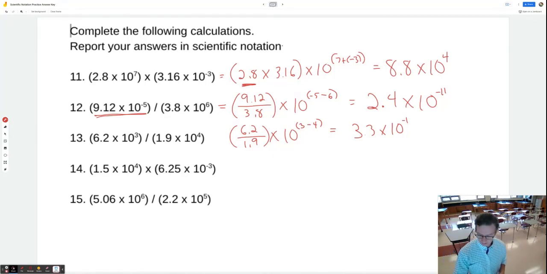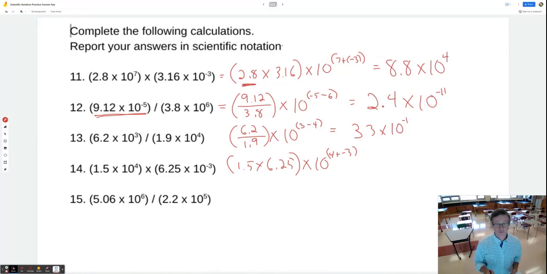Okay, multiplication. We have 1.5 times 6.25 times 10 to the 4 plus -3, 3rd power. Okay, so we do that out, and we get 9.4 times 10 to the 1st.